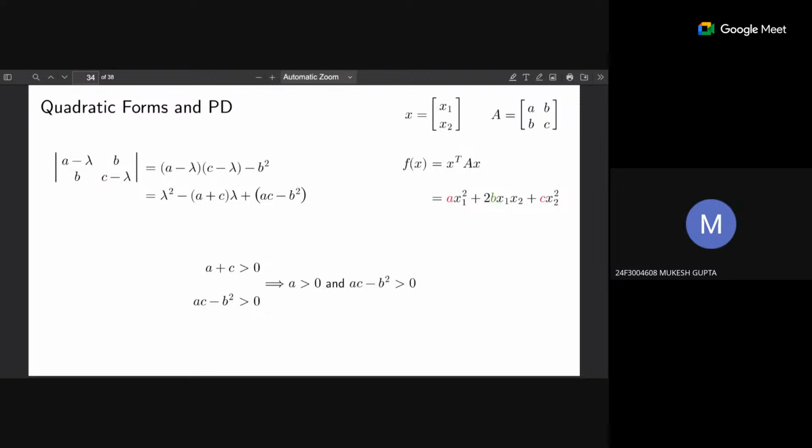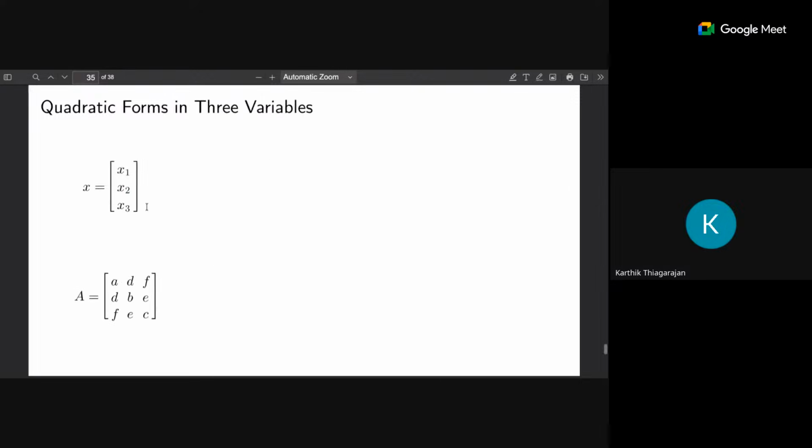It's also for positive definite: a matrix should have the first value A greater than 0 and the determinant also greater than 0, sir. Okay, I think he has done it using a slightly different way, but that's fine. So that is there for PD.